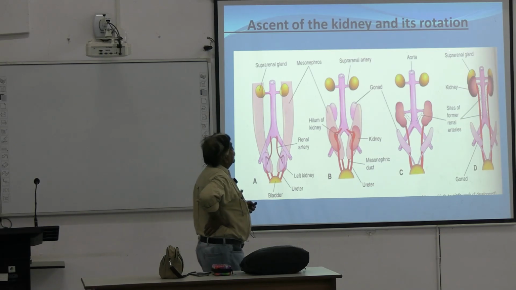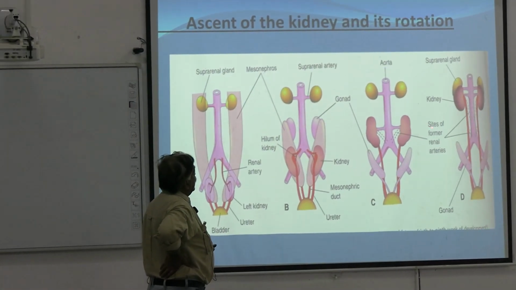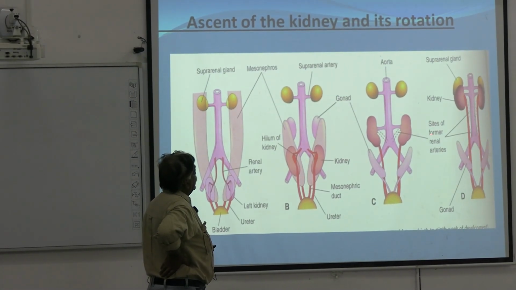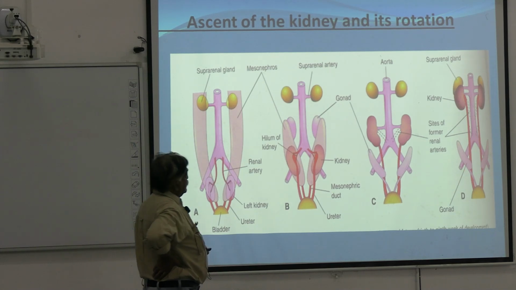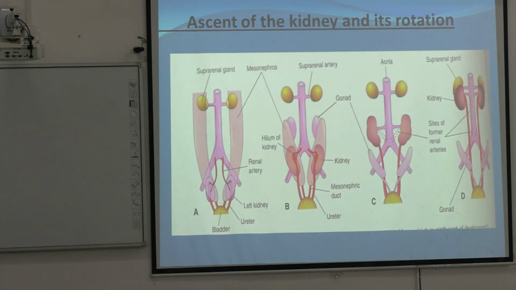The kidney has ascended to this level, and this is the site of the former renal arteries. Now, the gonad is here. In males, it descends. I have discussed the incomplete descent of testes, and the testis goes down to the scrotum.